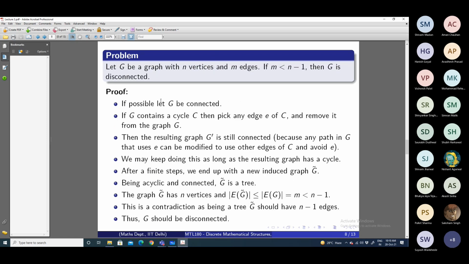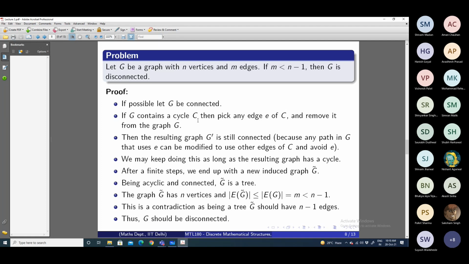So if possible, let G be connected. Now if G does not have any cycle, then G is a tree, and we already have a contradiction because for a tree we know that m equals n minus 1. So if G has a cycle C, then we can pick any edge e on it and remove it.